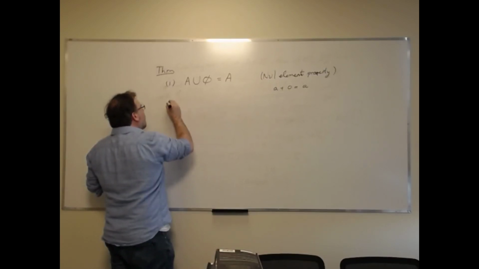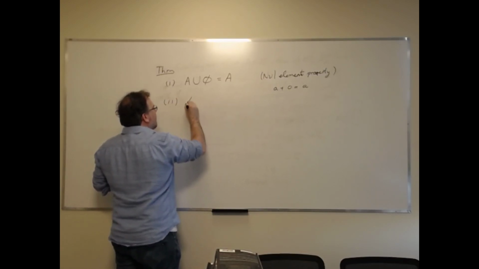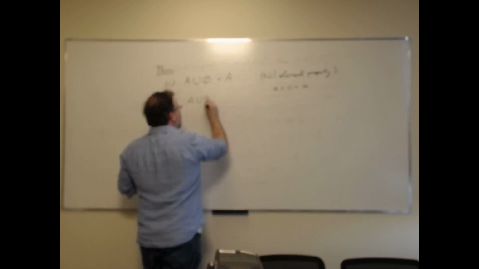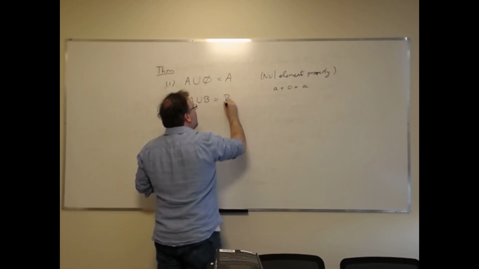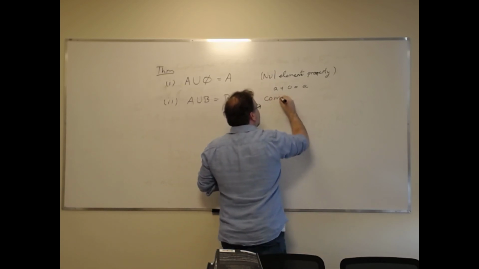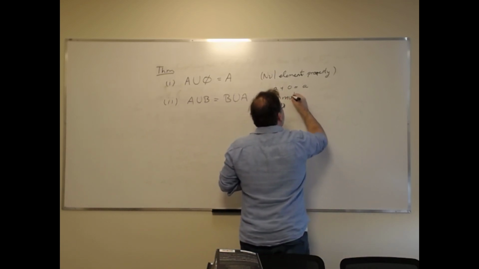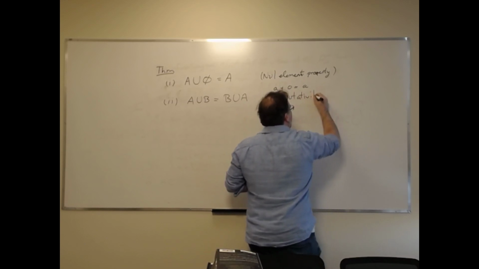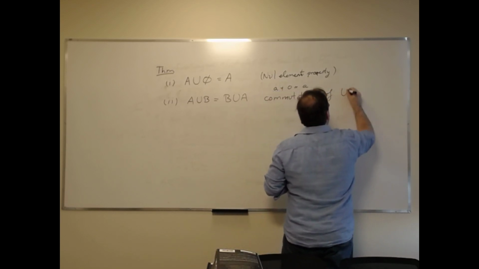The second property is A union B equals B union A. So that's commutativity of union.